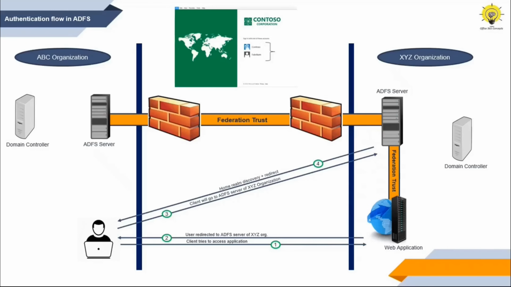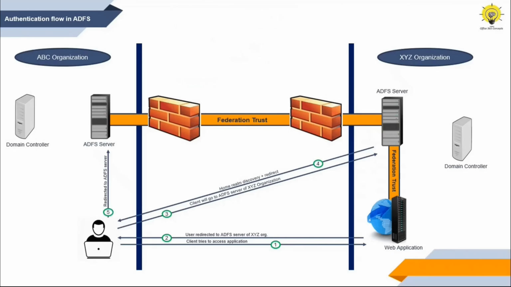In the fifth step, the user will select his organization from the web page. He will enter his credentials and will be redirected to his organization's ADFS server. Then the ADFS server will contact the domain controller to validate the user. The domain controller will authenticate the user using integrated Windows authentication.